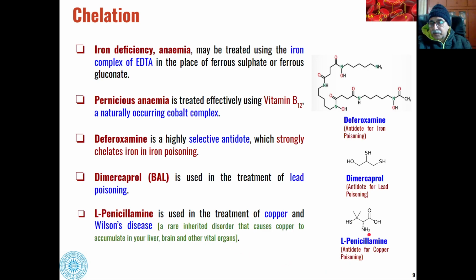Because of the presence of these atoms, that is the thioamine, the hydroxyl group of the carboxylic acid, and the carbonyl group, they can act as ligands where copper can be chelated, so that it can be removed from the body.